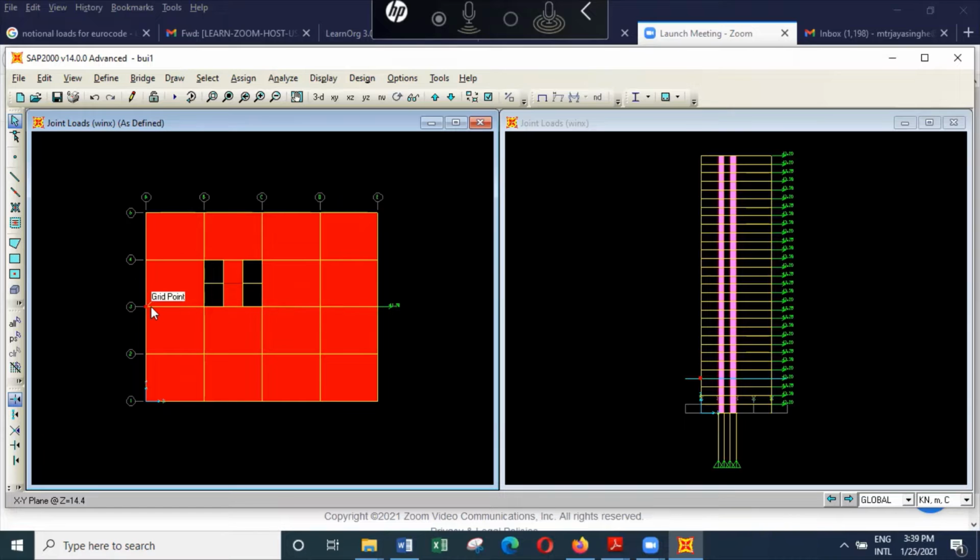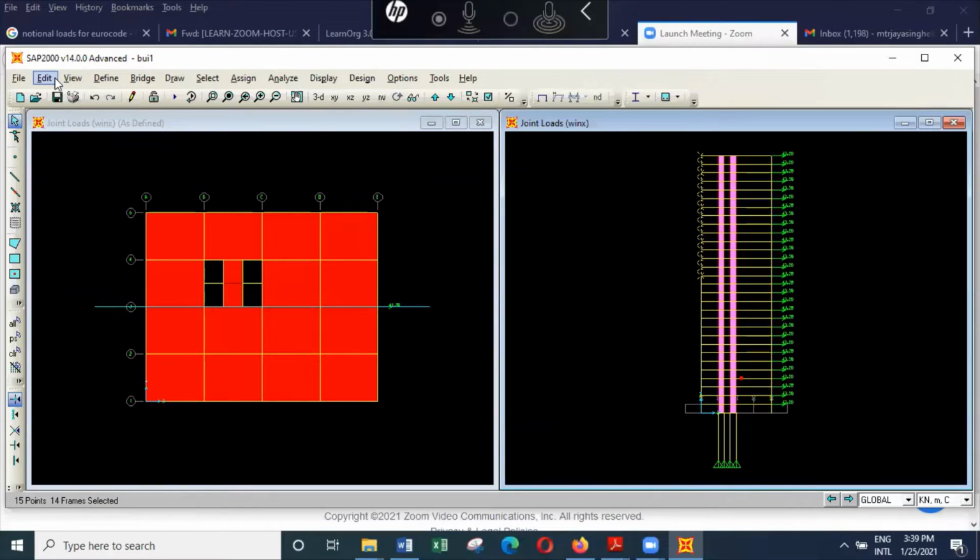And similarly, we have to apply the load here. I'll apply an arbitrary value, which is 1 into 24 into 3.6, that is 86.4, multiplied by 0.8, 69.12 in the upper part. For the lower part I'll allocate a slightly lower value because on the windward side the wind pressure is varying.